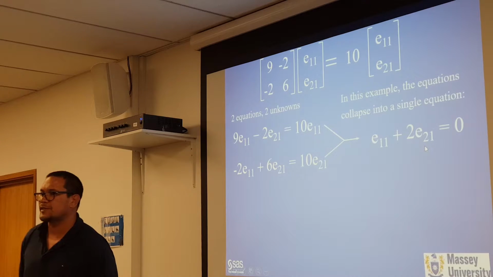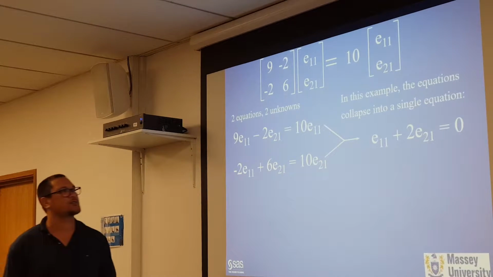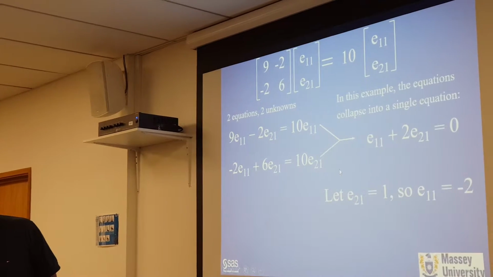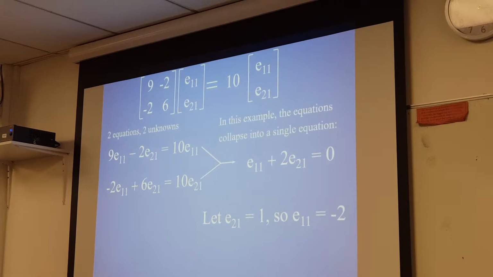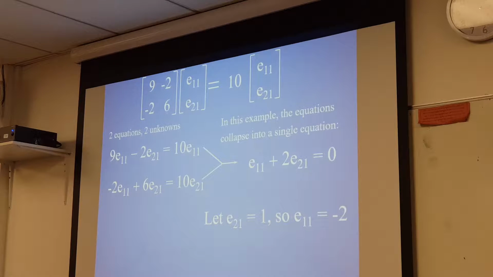In this instance, your equations will collapse down to a single value: E11 plus 2E21 is equal to 0. So you can choose, in this instance, to let one of the values equal 1, and then you work out what the other value is going to be.